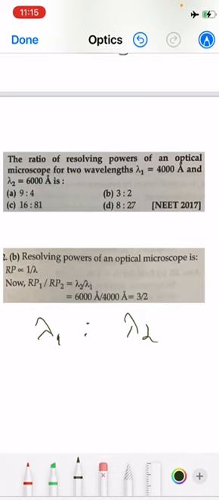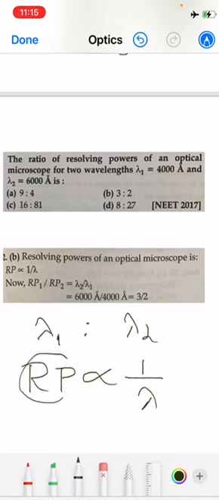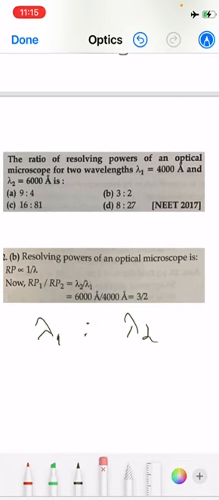The main thing you should know is, from your theory part of 11th standard, that resolving power is inversely proportional to wavelength. Okay, in optics you have focal power, focal length, which is inversely proportional to power. Your resolving power is inversely proportional to wavelength.